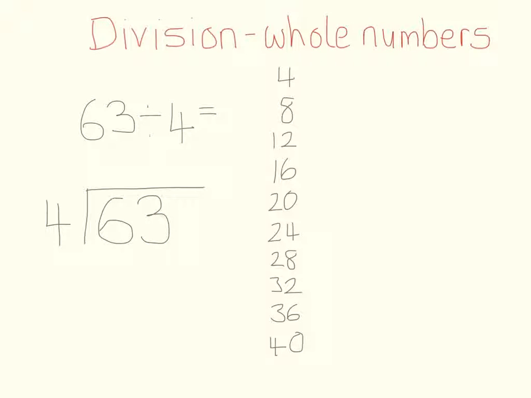Because I've written out my times table facts there, that just gives me a bit of breathing space so I can look at it if I'm suddenly struggling with my times table knowledge.